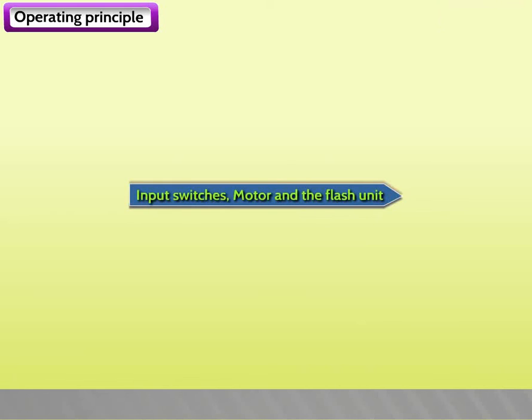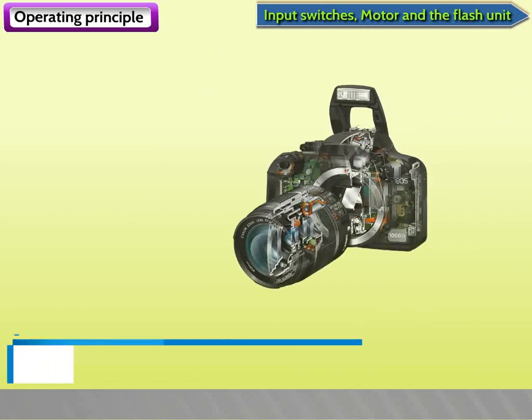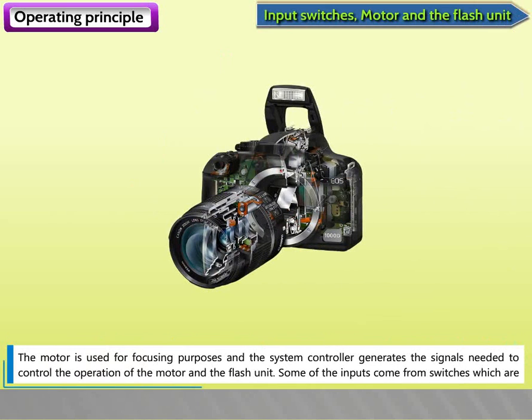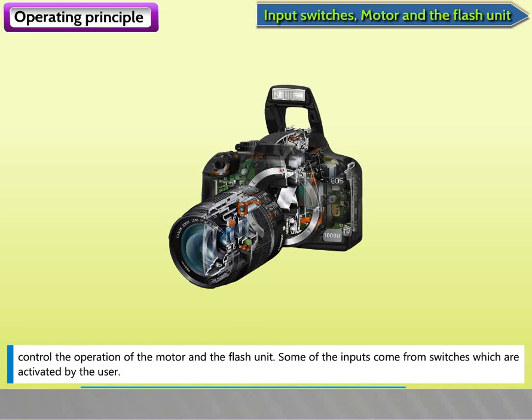Input switches, motor and the flash unit. The motor is used for focusing purposes and the system controller generates the signals needed to control the operation of the motor and the flash unit. Some of the inputs come from switches which are activated by the user.